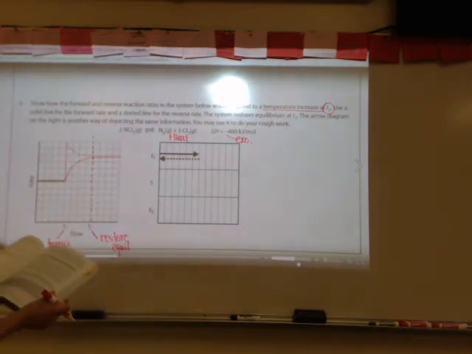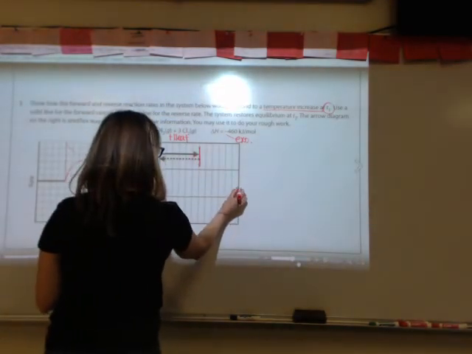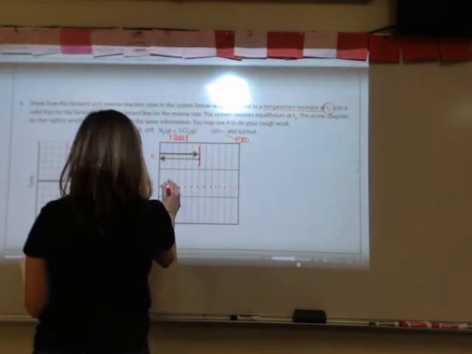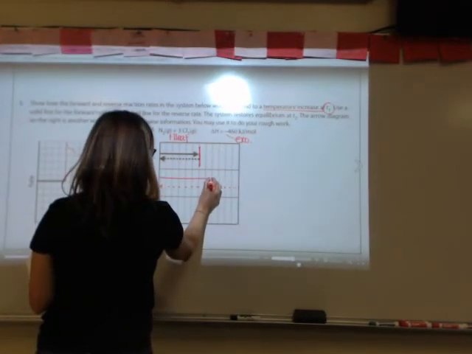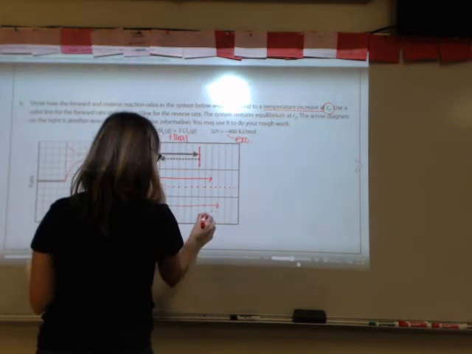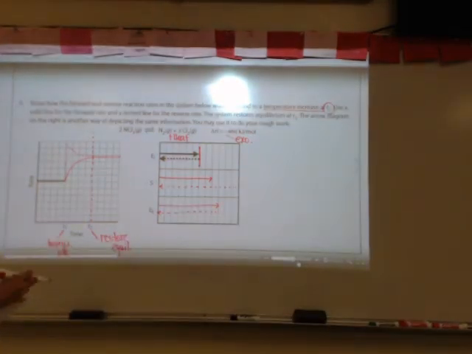Since I'm shifting to the left, this is my initial equilibrium. Here is my reverse rate increasing much more than my forward rate, and then the forward rate and the reverse rate will be the same at my final equilibrium. Okay?